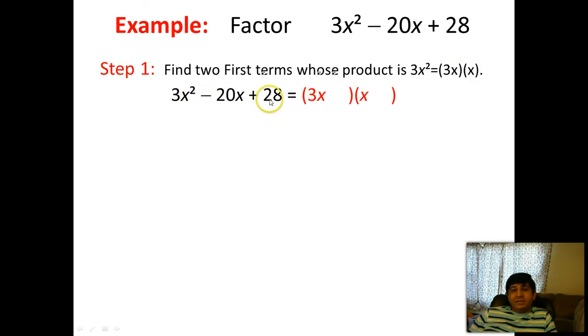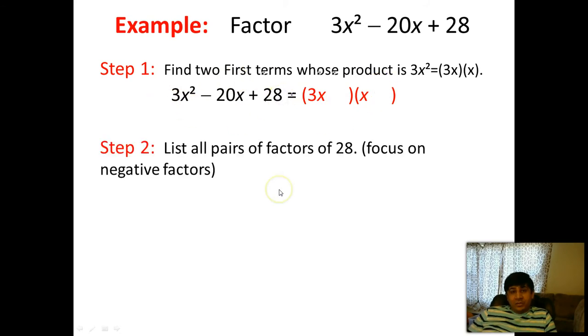We want to factor this, so we want two binomials. The first one is 3x, the second one has to be x, and this empty space we have to fill after some work. Whatever we fill in, their sum has to be minus 20, and their product has to be 3 times 28.